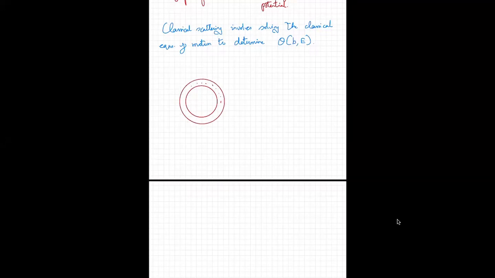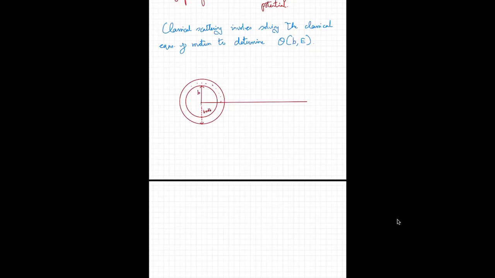So this is at an impact parameter b, and this height is an impact parameter b plus db.